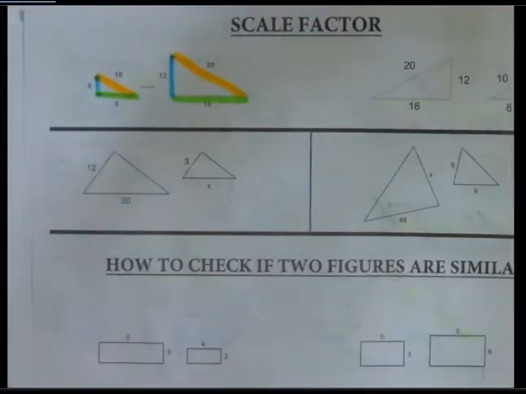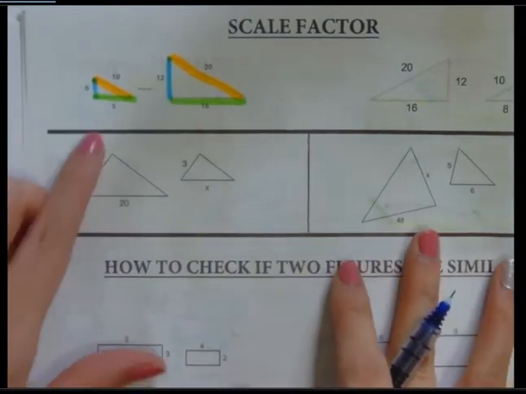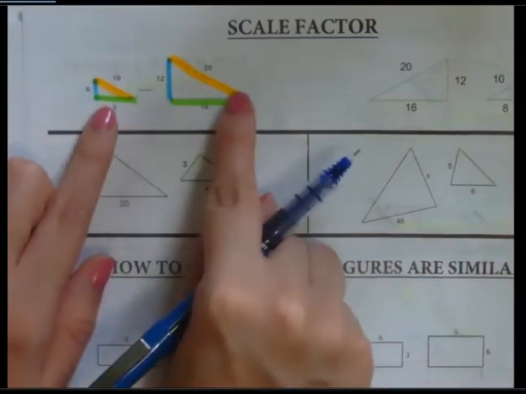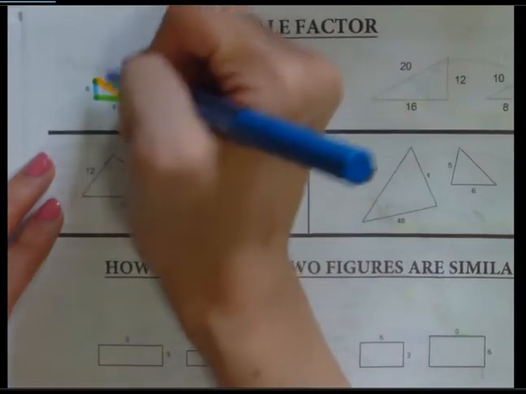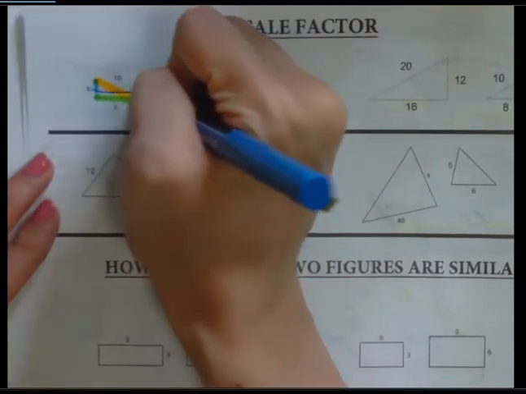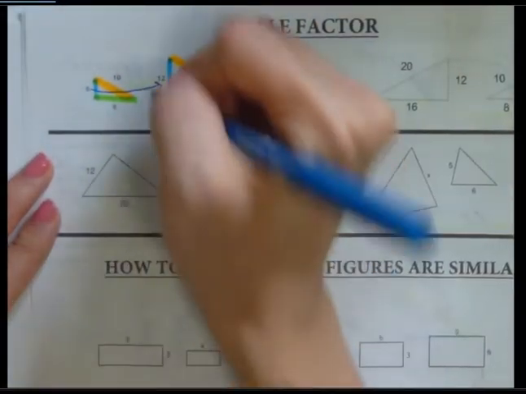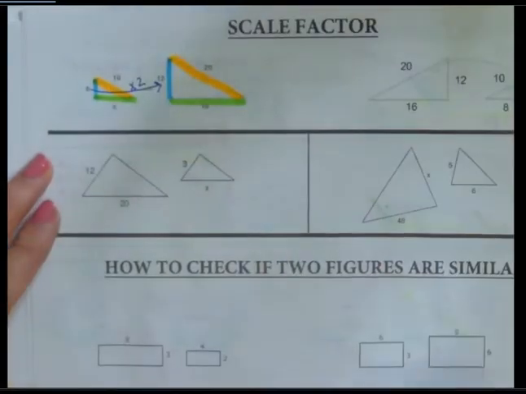Now, here we have all of the sides. There's no missing side. But I want us to see a relationship. How did it go from the small one to the bigger one? Well, if you compare 6 with 12, there's a relationship of times 2.